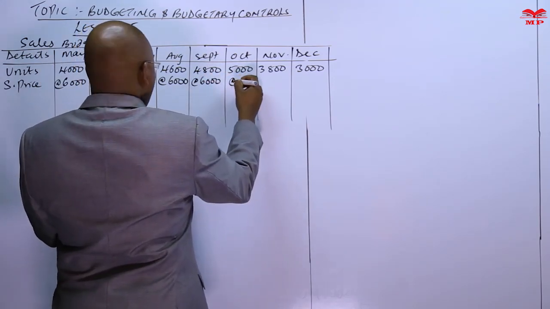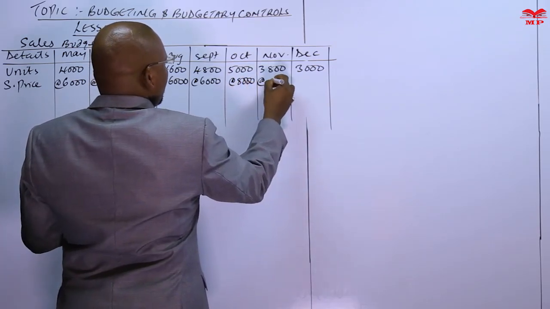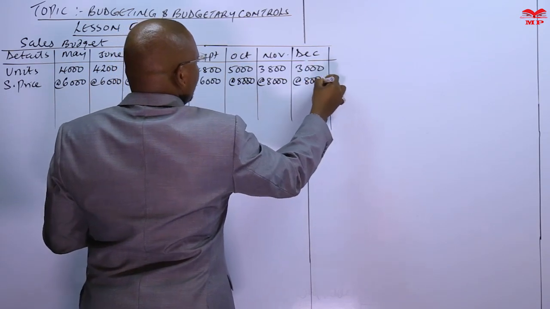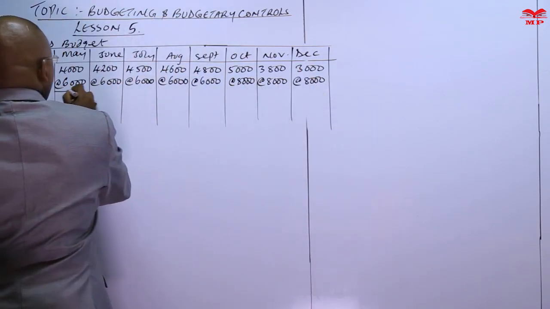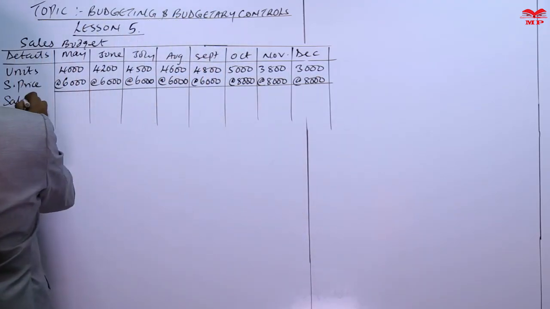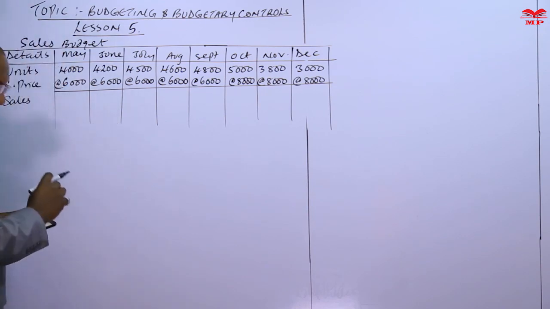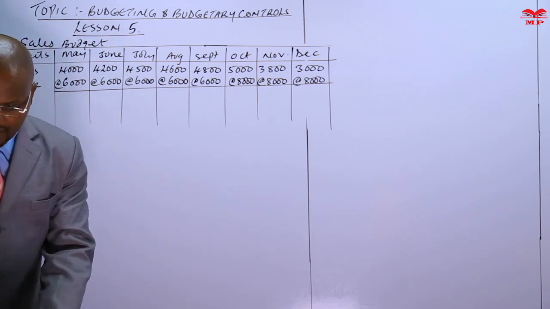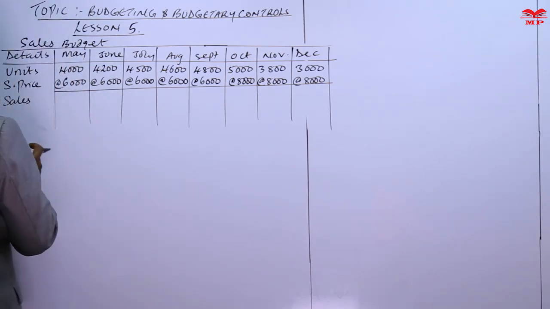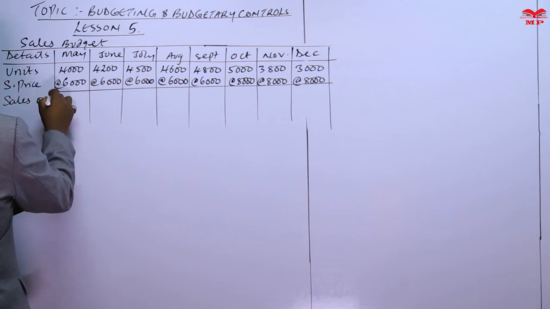This is now changed to 8,000 each. So this now will enable us get the sales in shillings. And this being the sales in shillings, we are going to have it in thousands.